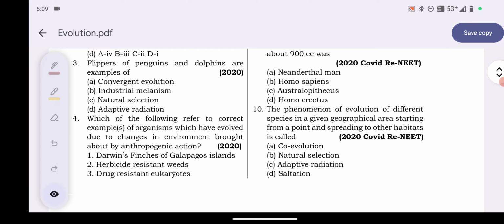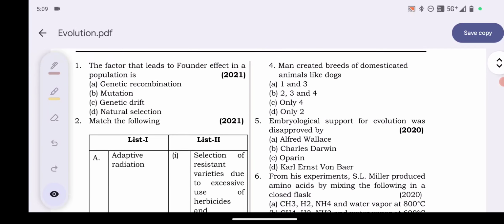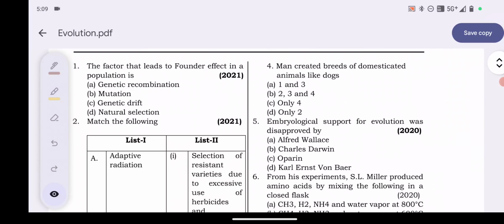Question number 4. Which of the following refers to correct examples of organisms which have evolved due to changes in environment brought about by anthropogenic actions? Statements are given in the options. First statement, Darwin finches of Galapagos Island. You have to identify anthropogenic action, so the first statement is not one. Second statement, herbicide resistant weeds, this is there. Third, drug resistant eukaryotes, third statement is also there. Coming to the fourth, man created breeds of domesticated animals like dog, 4 is also there.